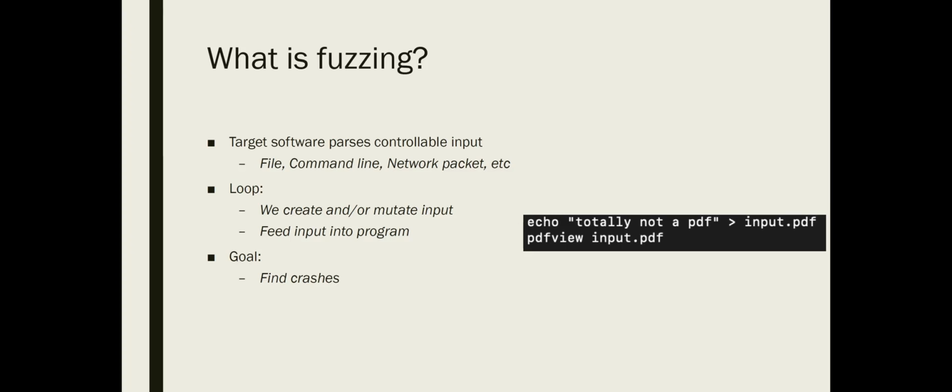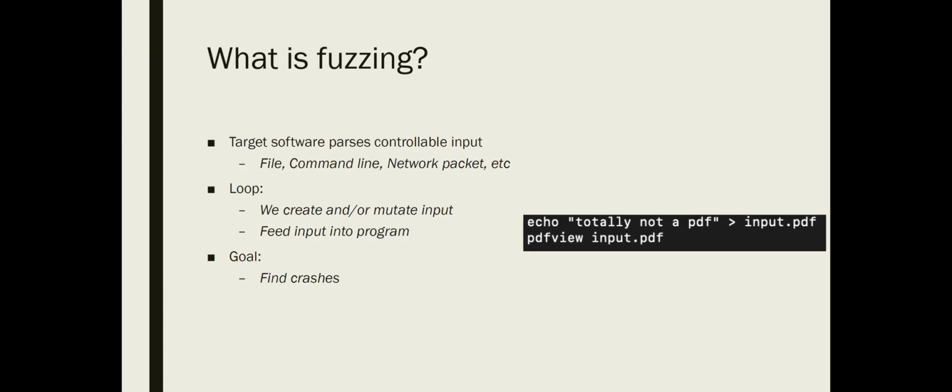And then we find the parsing functionality in that target. If it's a PDF parser, there'll be some code somewhere in the target that actually reads the PDF file from disk and passes it as a PDF structure. In that case, we kind of loop that parsing function where we create or mutate an existing PDF file, in this case, and we feed that PDF file into the target.